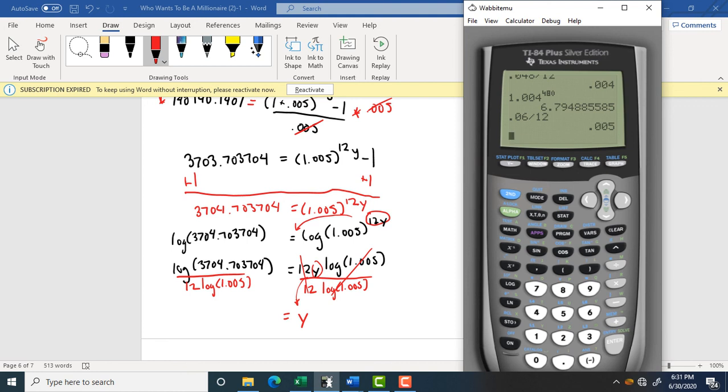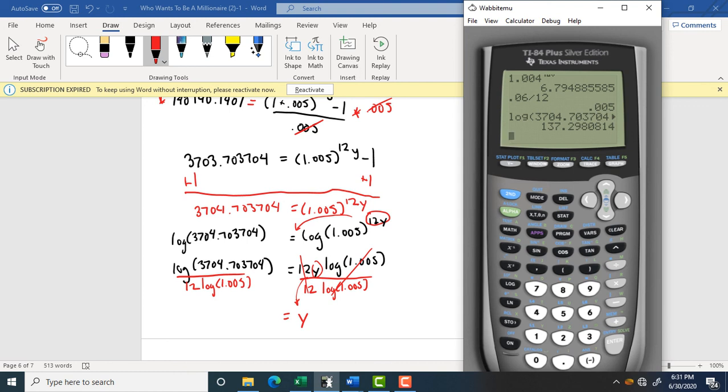Sorry, let me do it again. Log of 3704.703704 divided by, make sure you put this part in parentheses, 12 times log of 1.005. You can also do it separately. Okay, so it takes 137 years.